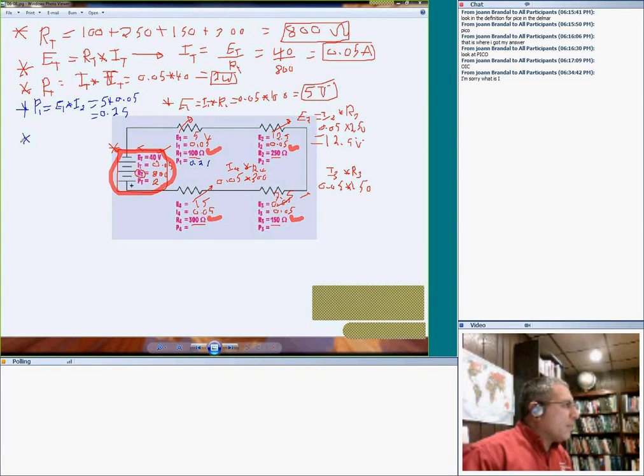Move fast. I'm going to go to P2. P equals E2 times I2. That will give me 12.5 times 0.05.